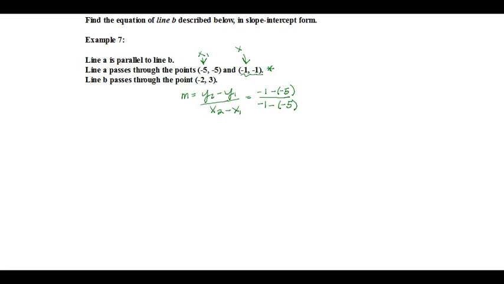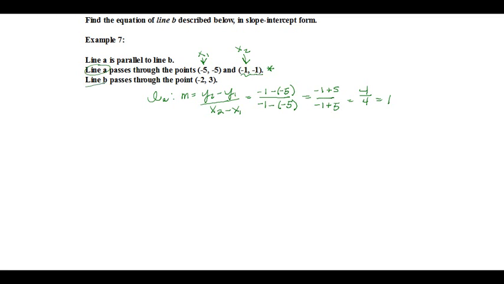Okay? And so whenever I do this, remember we're always thinking that it's minus a negative, that's a positive, so -1 minus -5 is really -1 + 5. So we end up with 4 over 4, which means our slope is 1. Okay? But that is the slope for line A. Okay? That is what was given to us.